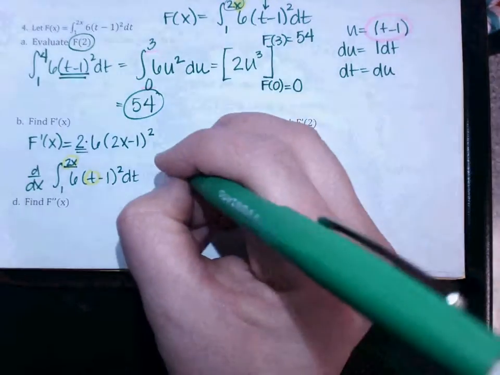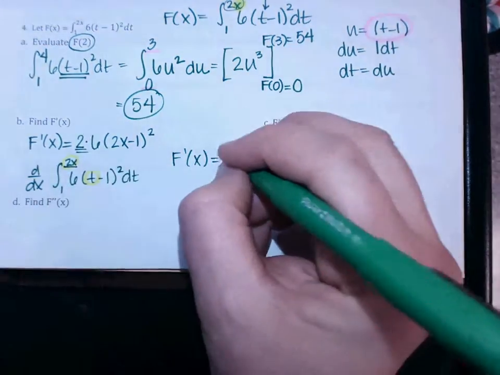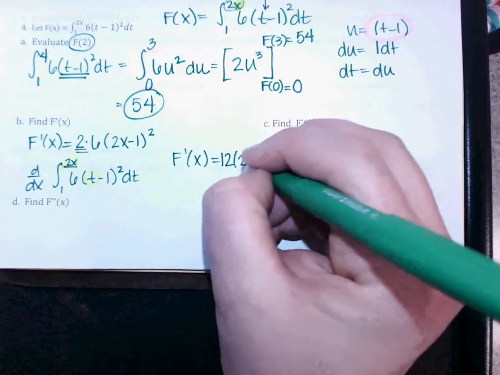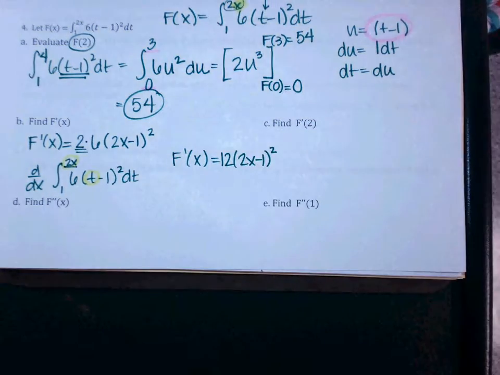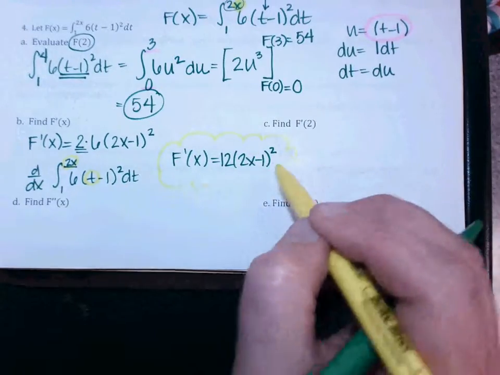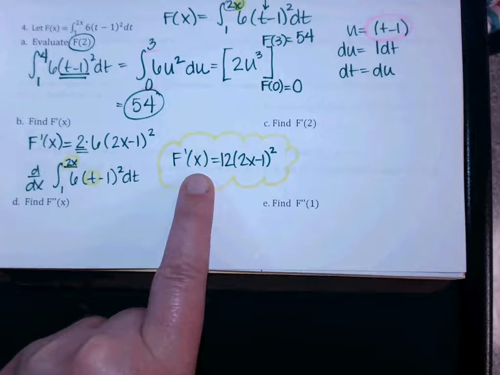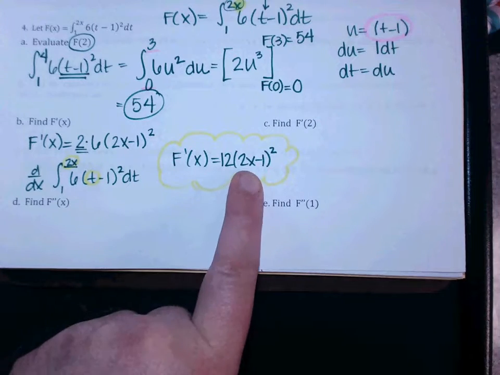So capital F prime of x, I'm going to write here in the middle. 2 times 6 in the front is going to be a 12. 2x minus 1 squared. Good to there? Okay, how am I going to find f prime of 2 then? If this is f prime of x, what's f prime of 2? What do I have to do? Plug in a 2. Okay, plug in a 2 right there.